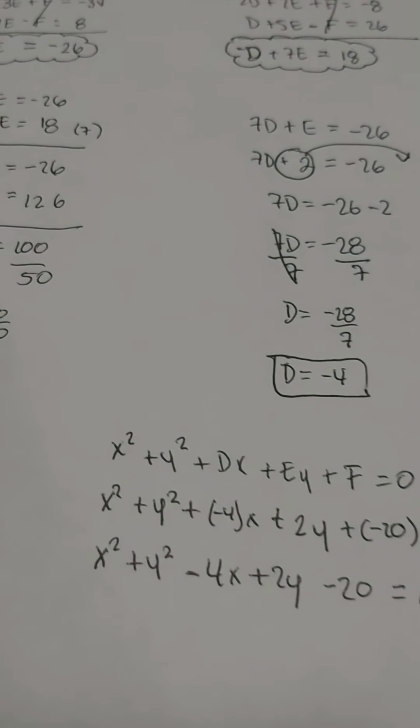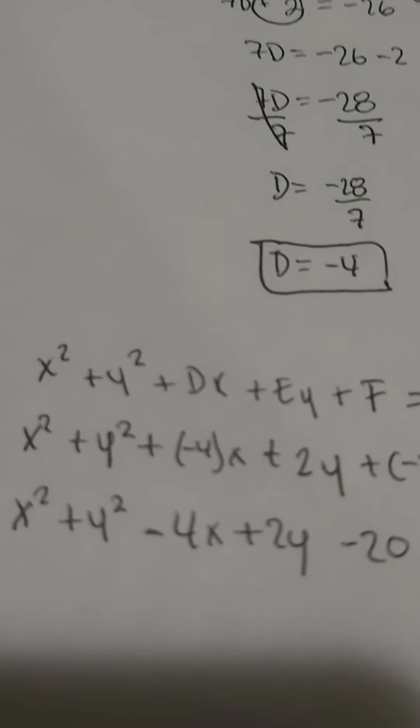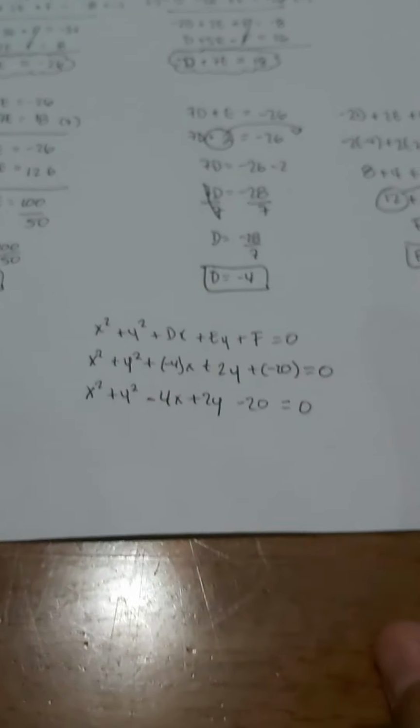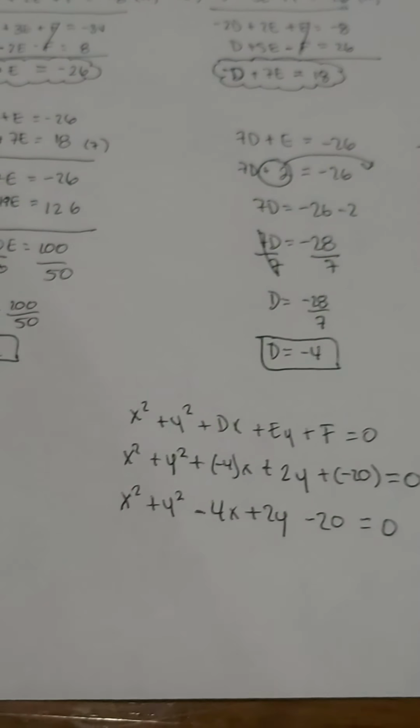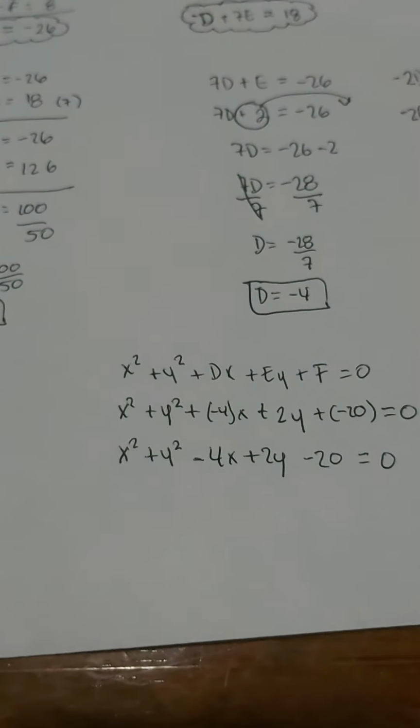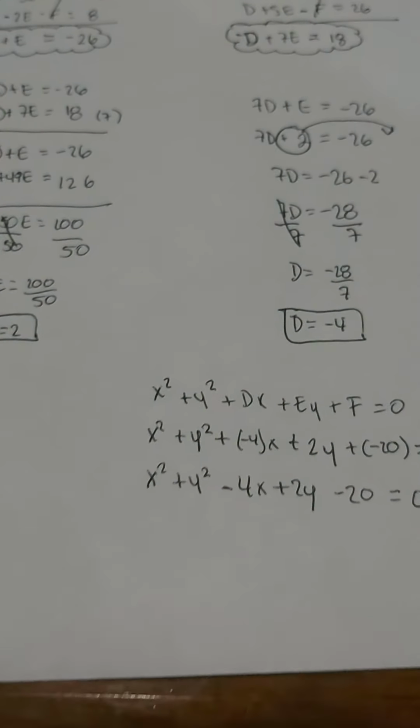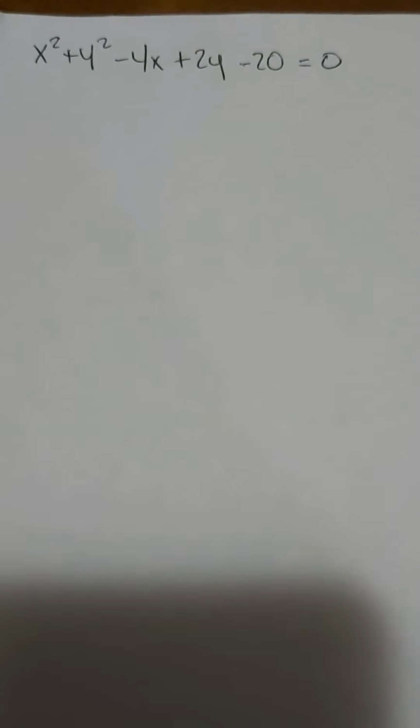Now that we have the general form of the equation of a circle, let's write it into the standard form. So now we're going to put x's together and y's together. So we get x squared minus 4x plus y squared plus 2y minus 20 equals 0.